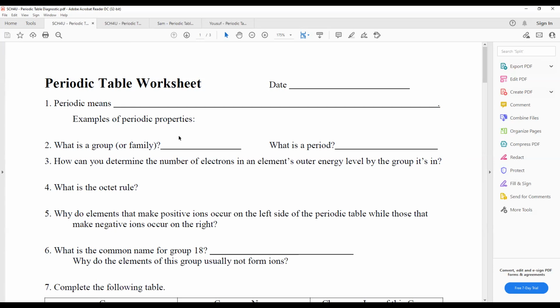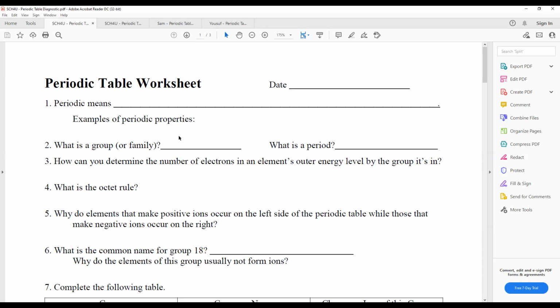When you group something together or put them in the same family, it means they share certain traits, certain properties, certain characteristics in common. Relating to the periodic table, the groups or families are those vertical columns.